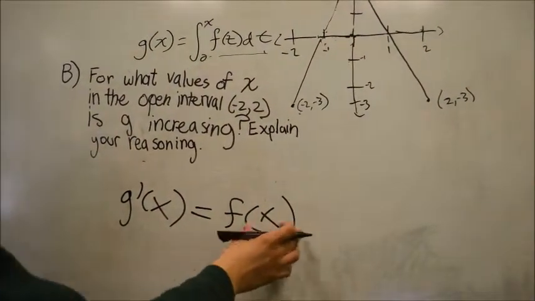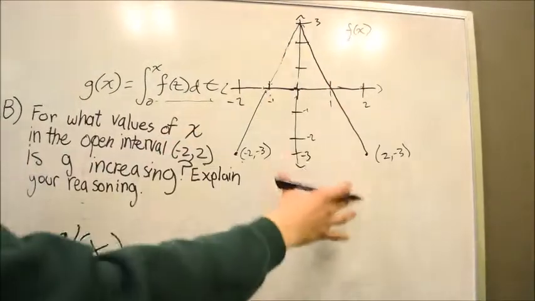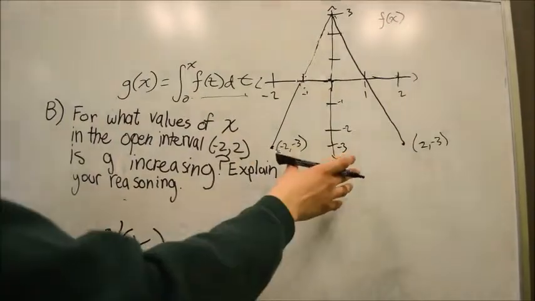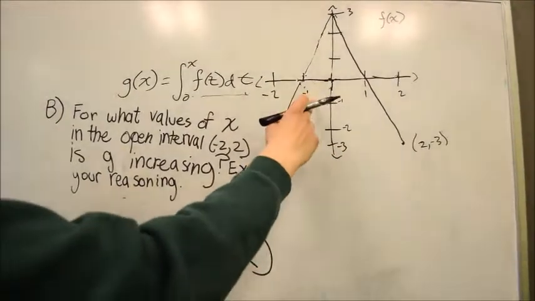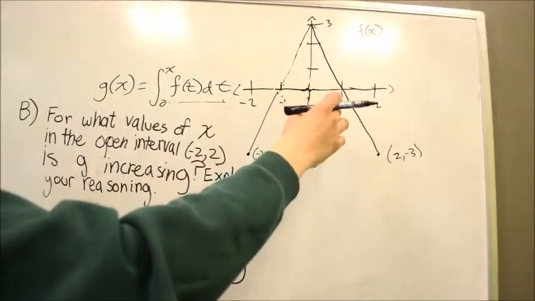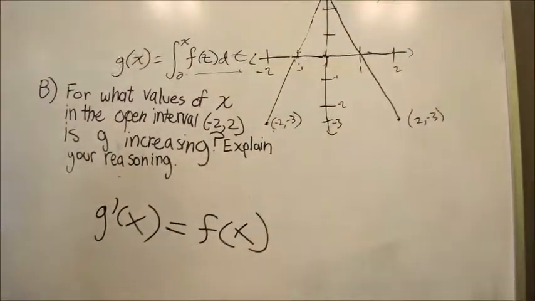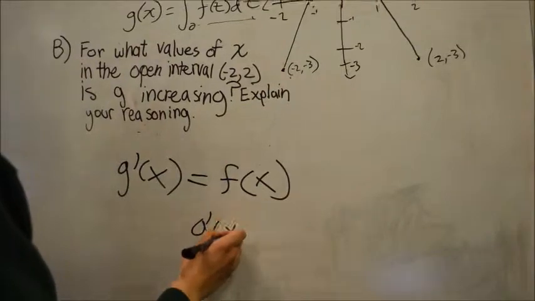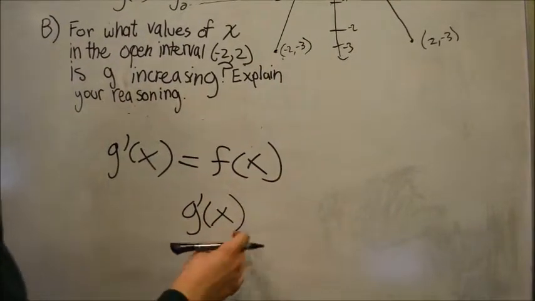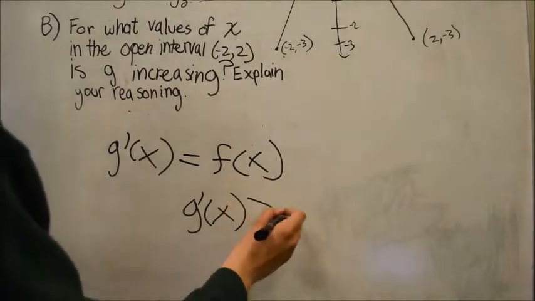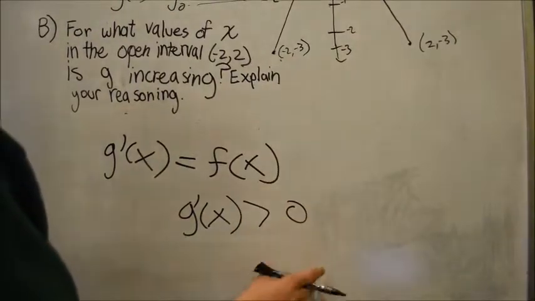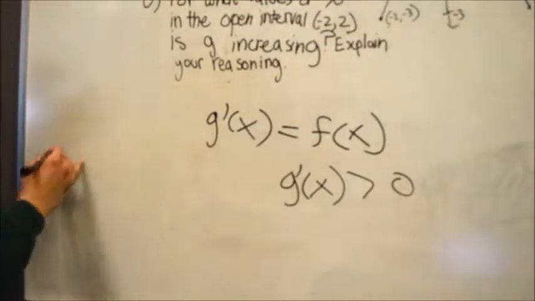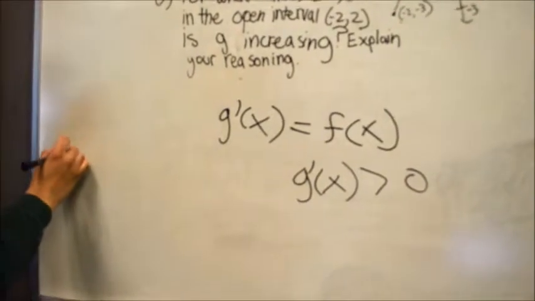And from this graph, which is f of x, we can read that from -1 to 1 it is increasing, because if g prime of x is greater than 0, it is increasing, and if it's less than 0, it's decreasing.